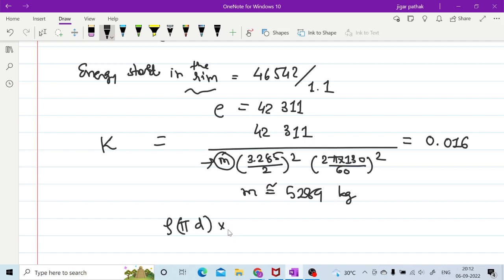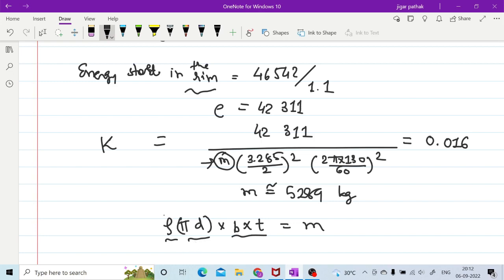Here, in order to calculate the dimension, we have seen this mass is equal to rho into pi D into b into t, right? So pi D is circumference, b into t is cross sectional area, rho is density, right? So you have everything with you.